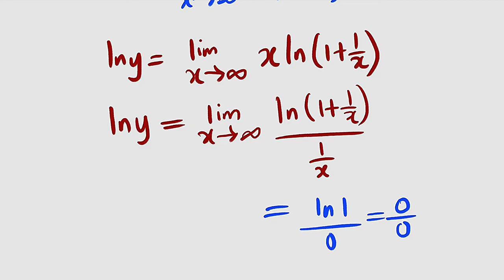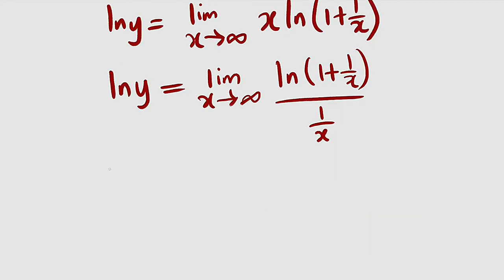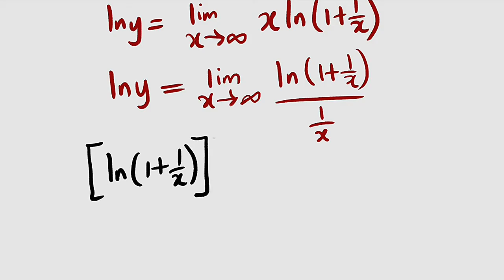And because it is indeterminate, we can apply L'Hopital's rule by differentiating the top and the bottom separately. So let's do that. If you have the natural log of 1 + 1/x, suppose we want to differentiate the whole of this, let us derive the formula first.